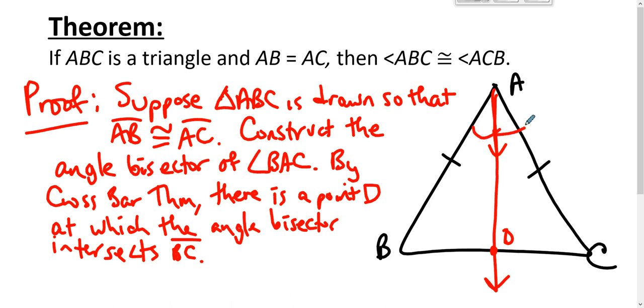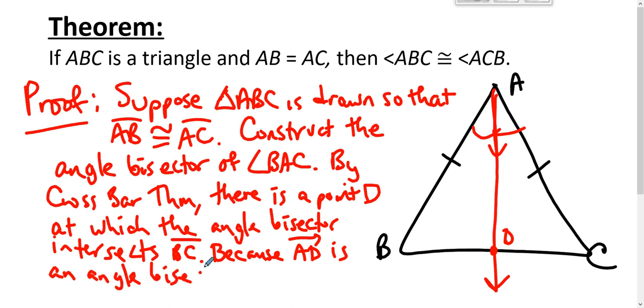So what have we got? We've got these two angles congruent because this is a bisector. We've got these two sides congruent because they are. We're going to end up with this side congruent to itself. So let's catalog all of that. We already have these sides are congruent because ray AD is an angle bisector.